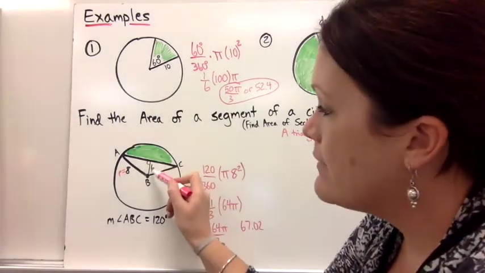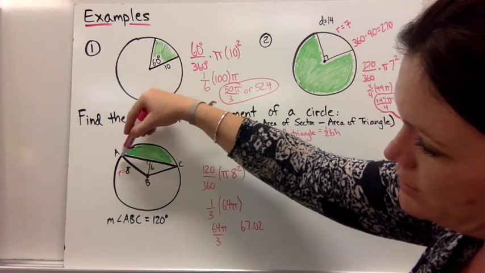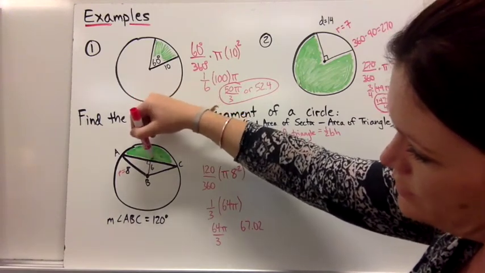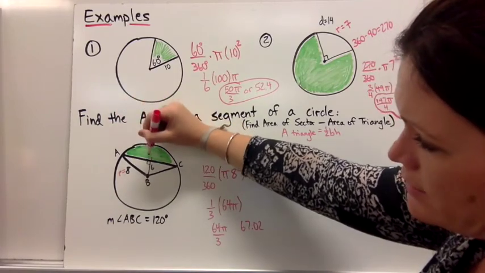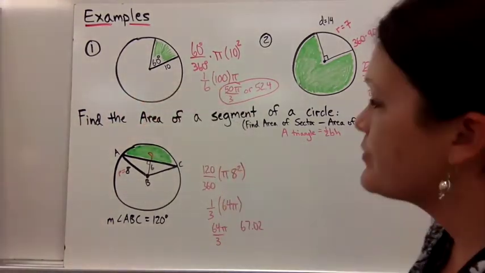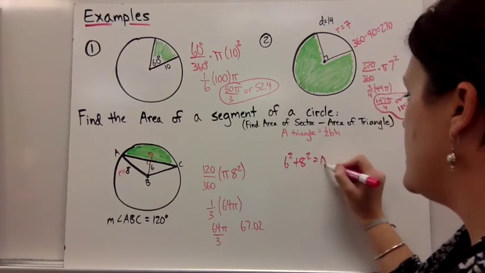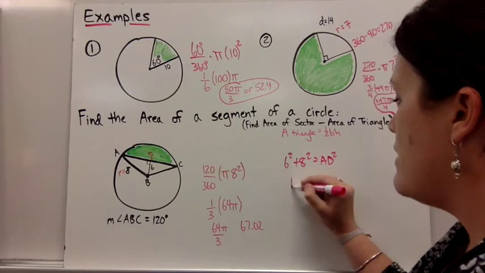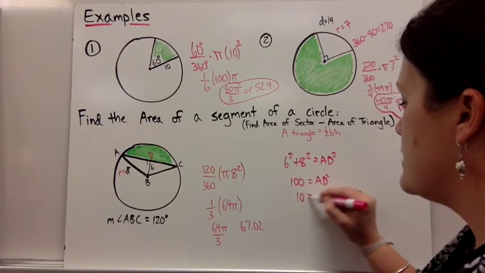The height I gave you was 6, but we have enough information to use the Pythagorean theorem to figure out the distance from right here to A. We haven't labeled that anything, so we could say that's letter D. So 6 squared plus 8 squared equals AD squared. We add that up and we get 100, so AD is equal to 10.